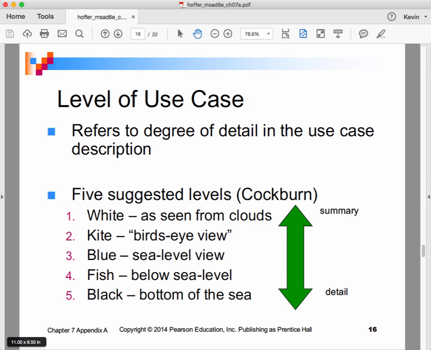We're just going to come up with a series of use cases that are kind of mid-level, and we're going to see that as I do the tutorial video demonstrations. I think you'll get an idea about how summarized or how detailed we want our use cases to be. So we're not going to even fool with this level of use case idea.